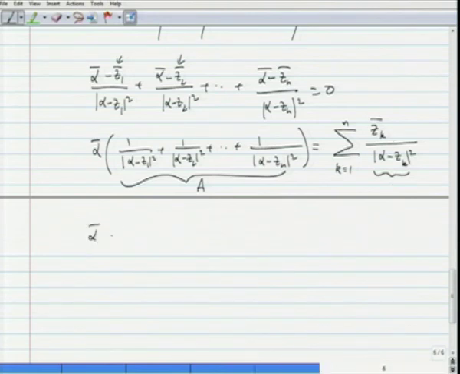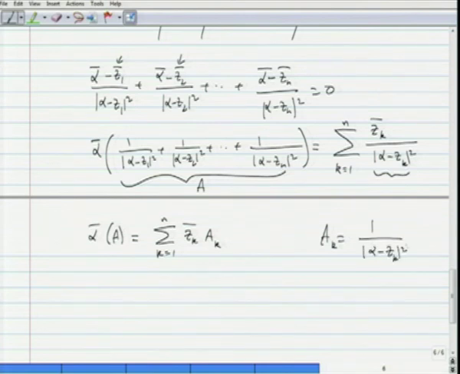So, alpha bar times a is equal to sigma k equals 1 through n of zk bar ak, where ak is equal to 1 by modulus of alpha minus zk squared. Also notice that the sum of ak's is actually equal to a.